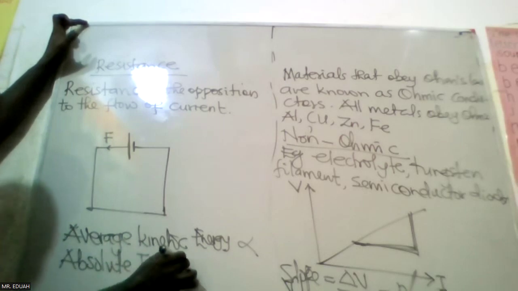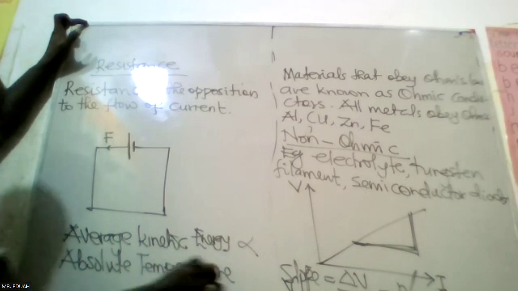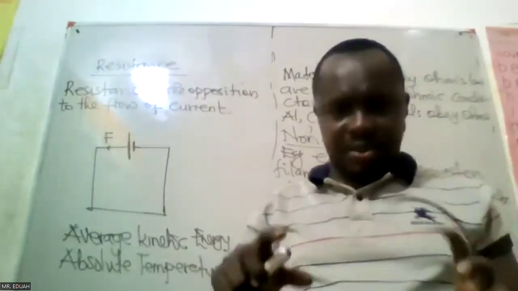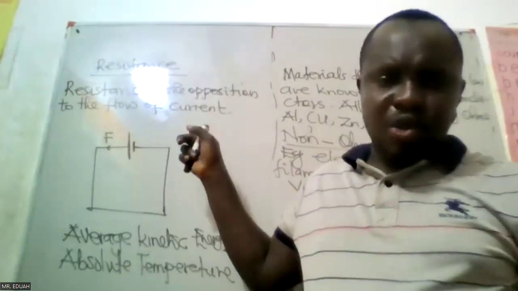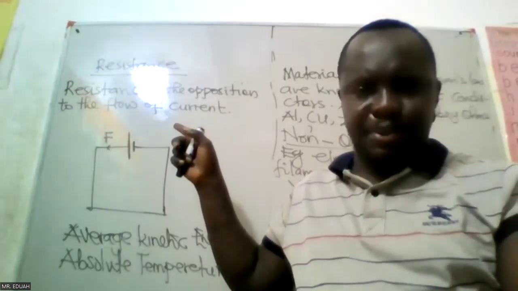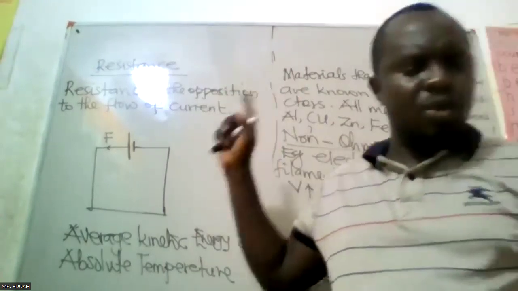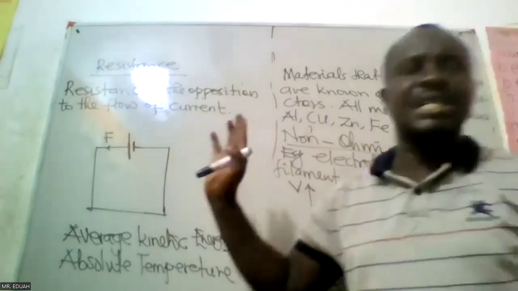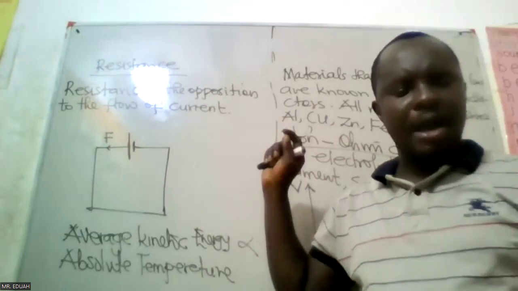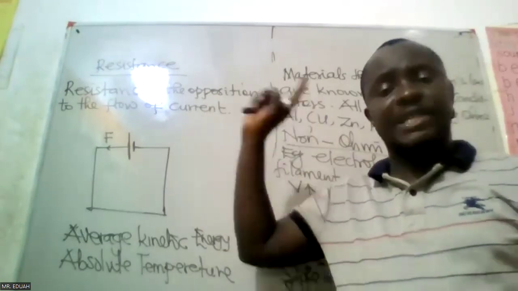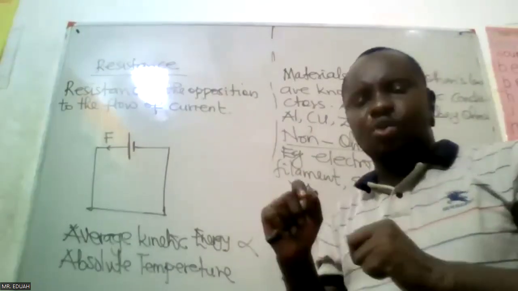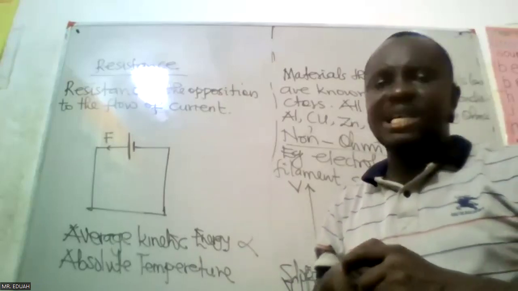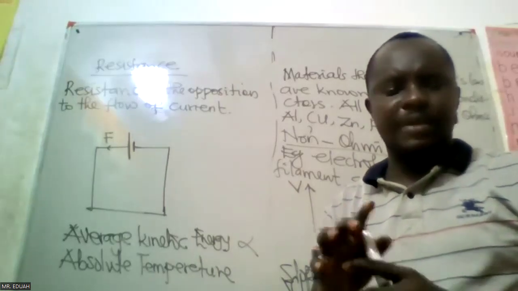What it simply means is that within a system, when the kinetic energy of the particles increases, it also increases the absolute temperature. So the moment you introduce a source of EMF, which creates an electric force or electric field, it will cause the charges to move, and it increases the temperature of the conductor.